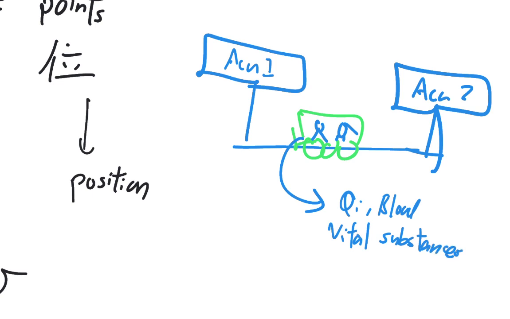The train carries these qi, blood, and vital substances to each organ through the channels, through the railroad, in order for the organs to receive nutrients and then grow and execute their functions.